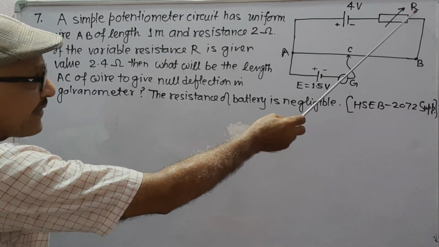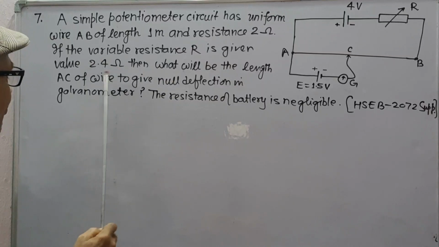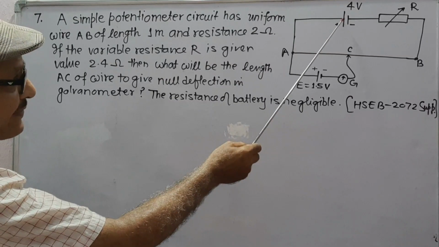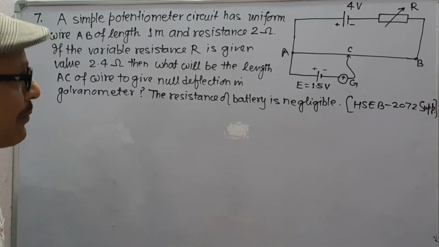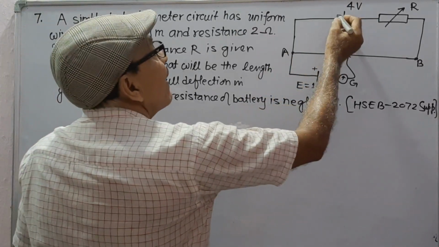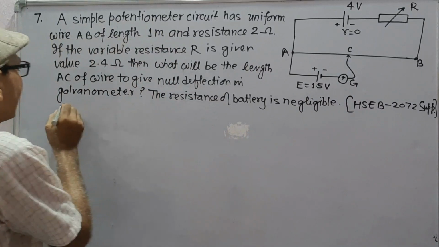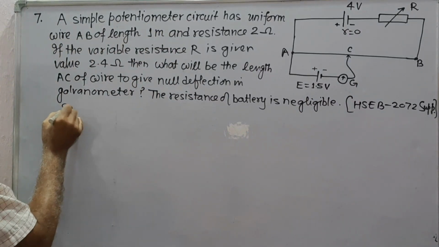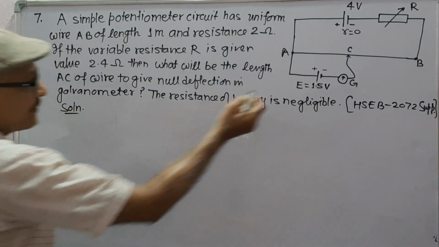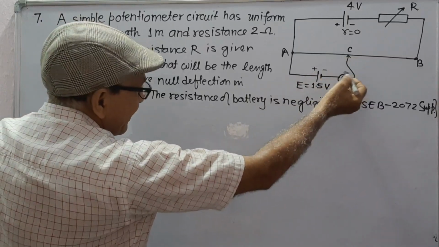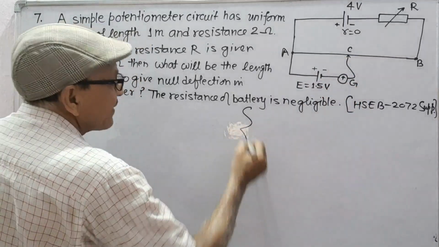This resistance R is given 2.4 ohm. Its internal resistance is 0. We have to find this length for null deflection in the galvanometer.